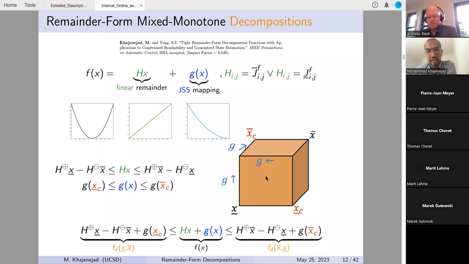Another way of handling that, which we did in some examples in this TAC paper, is that you just consider those interval-valued uncertain parameters as state variables in f(x).